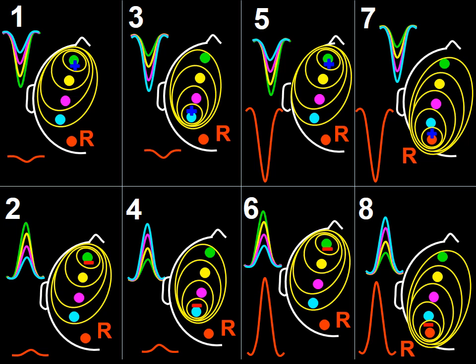Possibilities 5 and 6 represent positive and negative frontopolar fields with the reference being at the maximum. Possibilities 7 and 8 represent positive and negative occipitopolar fields with the reference being at the maximum.